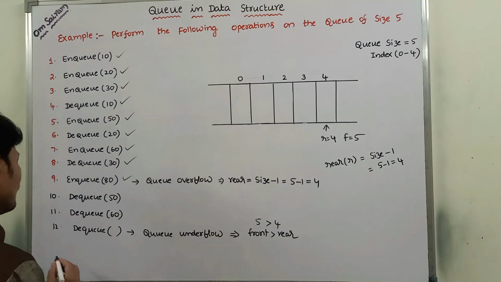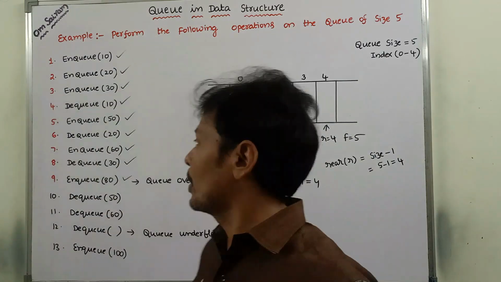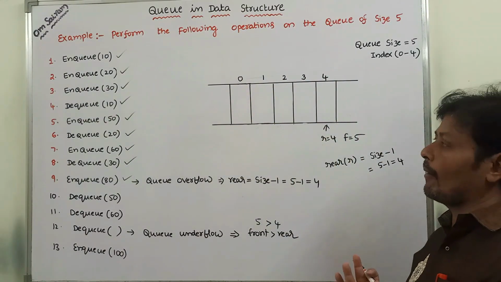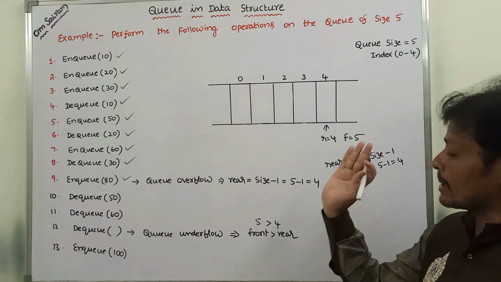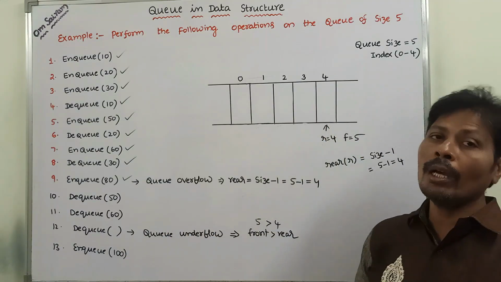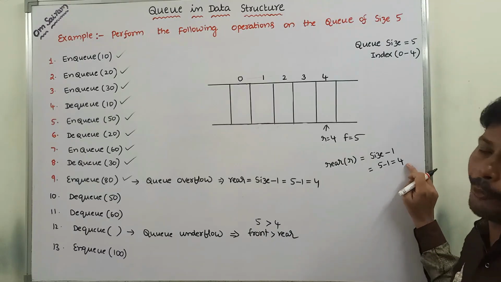Okay. Again we have to perform the NQ operation. Here the queue is already empty. There are no elements, but it is not possible to insert element 100 into the queue because the rear pointer is pointing to 4.